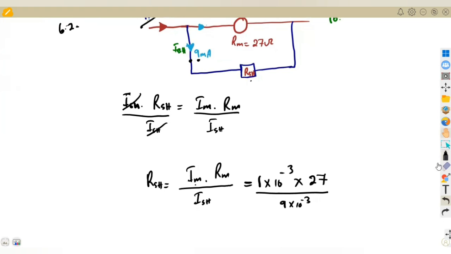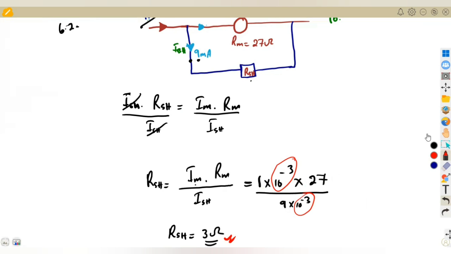This gives us the resistance across the shunt from your calculator, which is 3 ohms in this case. You could have seen that you're simply dividing 27 by 9, which gives us 3 ohms. Or just use your calculator, guys, it's one and the same thing.